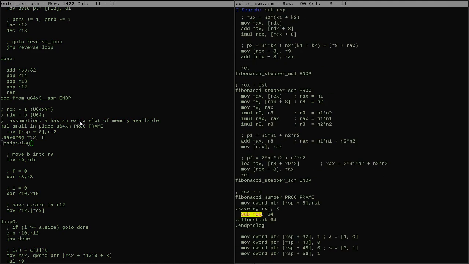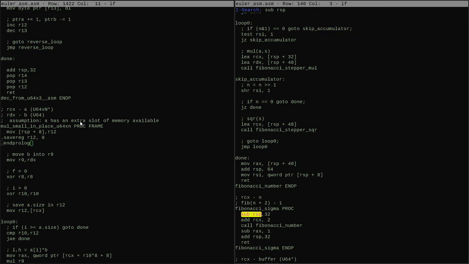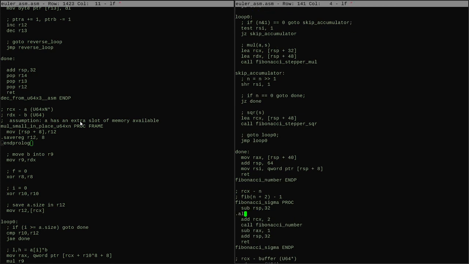All right, let's just look for some sub RSPs that I might have skipped. There's one, alloc stack 32 and prologue frame.